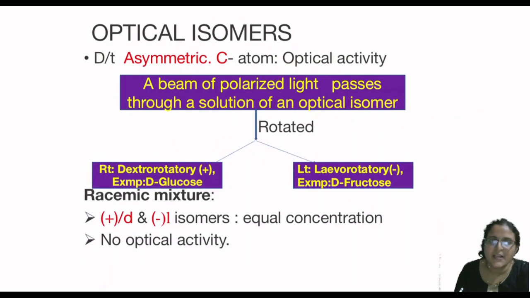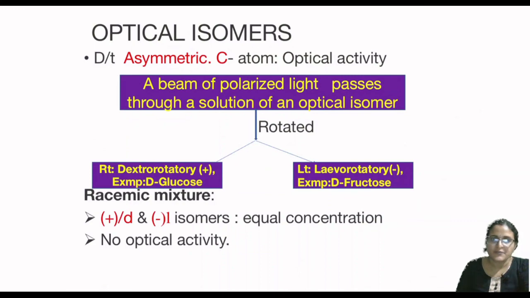Then coming to the optical isomers, when a beam of plane polarized light is passed through a solution of an optical isomer, it is rotated either to the right, then it is called dextrorotatory, example is D-glucose, and if it is rotated towards the left, it is called levorotatory, the sign given is a minus, example is D-fructose.